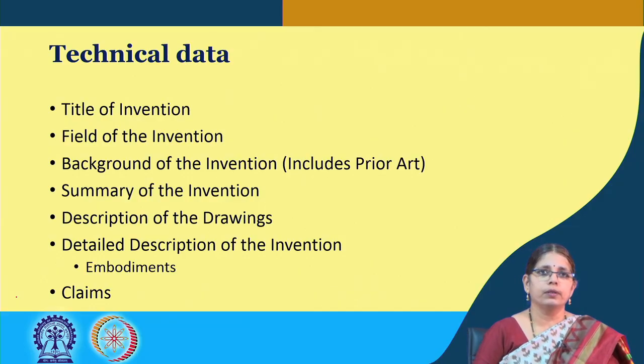Similarly, if you are looking at an invention which is claiming a pharmaceutical compound, often you would have a structure of the chemical compound being shown. So, the type of drawings with respect to patents also varies. Most often when we talk about drawings, we talk about the need for presenting what we call the isometric view of the invention.